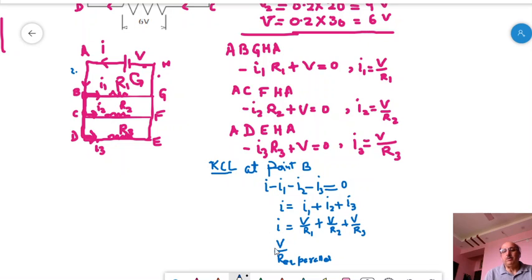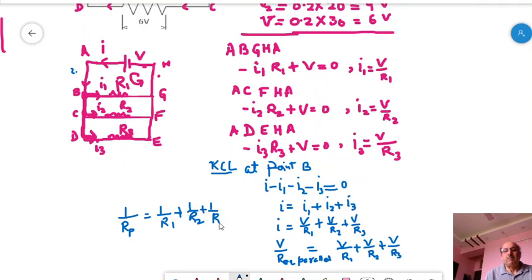So I is equal to V by R parallel is equal to V by R1 plus V by R2 plus V by R3. If we divide the equation by V, what we will get? 1 by R parallel is equal to 1 by R1 plus 1 by R2 plus 1 by R3.